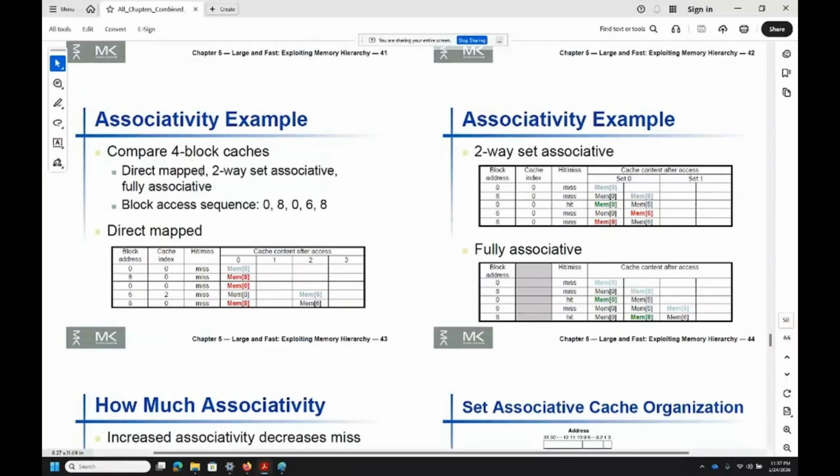Then you have two-way set associative, where if you have 8 and 0, you have two places to store them. So 0 modulo 8 is 0, so you store it in set number 0, and 8 modulo 8 is also 0, so you can store it in the first set again because each set will have two values.